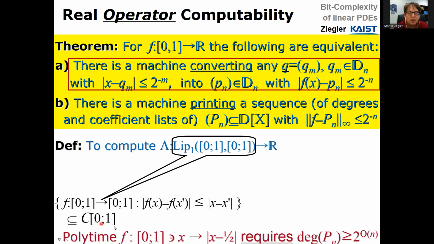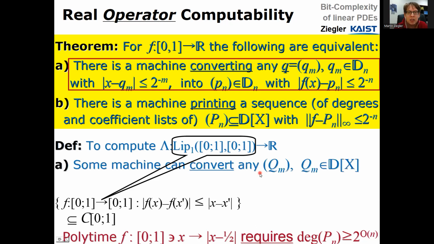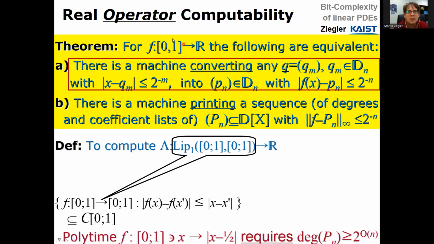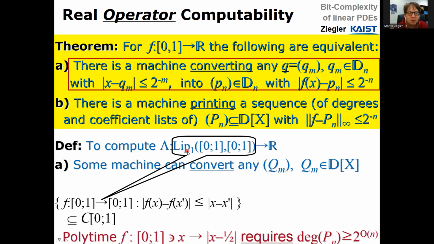This is a set of continuous functions. And one reason we're restricting to that is because it's a compact subset according to Arzela-Ascoli. So it's kind of a generalization of functions with compact domains. This is a functional or operator with a compact domain in the function space. And a reasonable definition is to generalize item A.